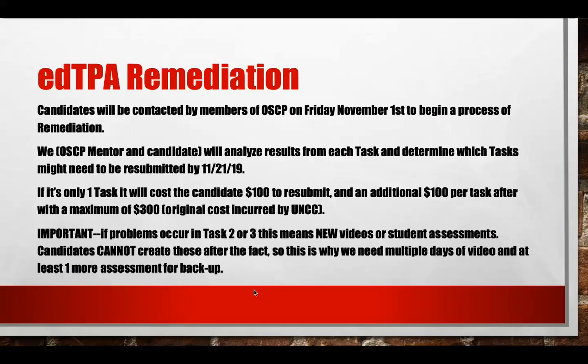Anything submitted by a candidate after that, so any resubmission that has to happen, is $100 per task, up to $300. So if they had to resubmit the whole thing over again, they don't have to pay $400. They only pay $300. But the student teachers will now incur that cost of resubmitting their work.